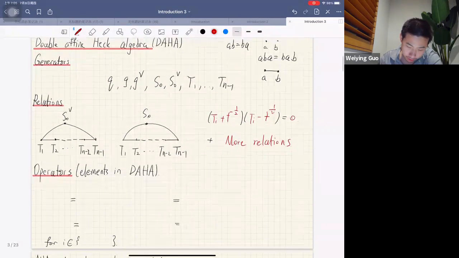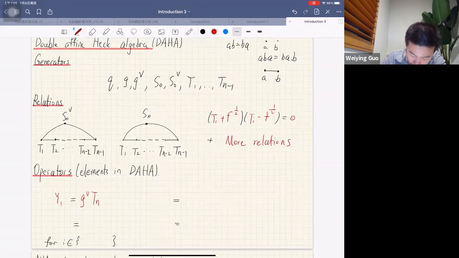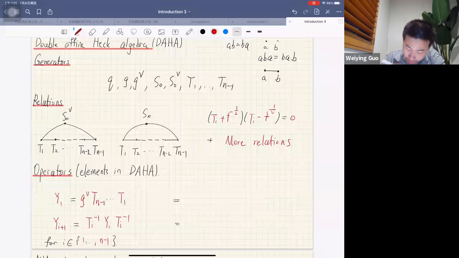Inside the double affine Hecke algebra, there are some operators which are called the Yi's. Y1 is denoted to be g check Tn minus 1 to T1, and Yi plus 1 is denoted to be Ti minus 1 Yi Ti inverse, for 1 to n minus 1.